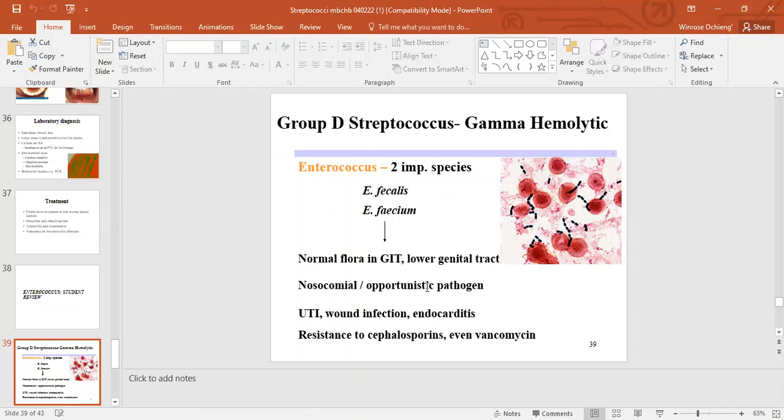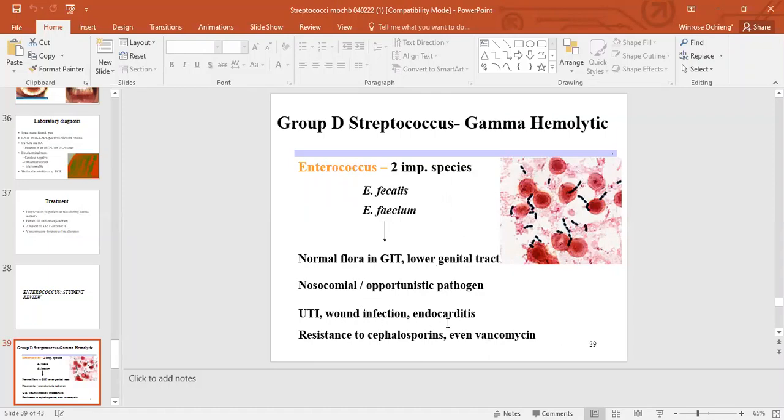More so, in our population right now, we are having a lot of people who are immunocompromised. This streptococcus shows no hemolysis; it has gamma hemolysis. We'll be shown this in the laboratory.